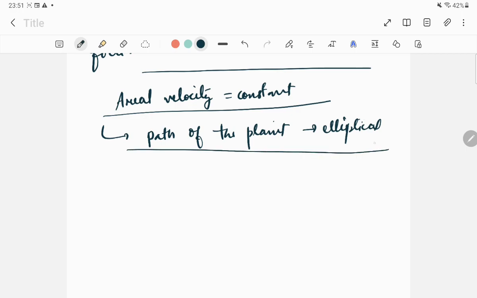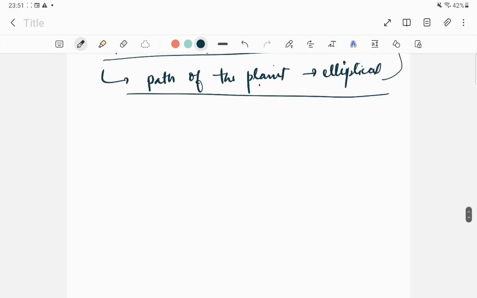If we prove that if areal velocity is constant, the path of the planet is elliptical, or if the path of the planet is elliptical, then areal velocity is constant, these are both around the same. So let us start with that. How to do that?